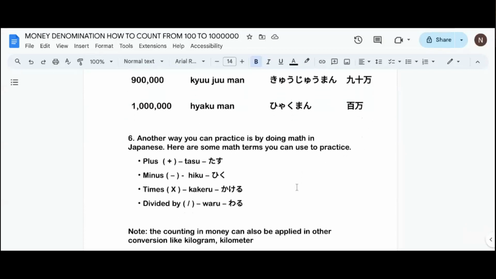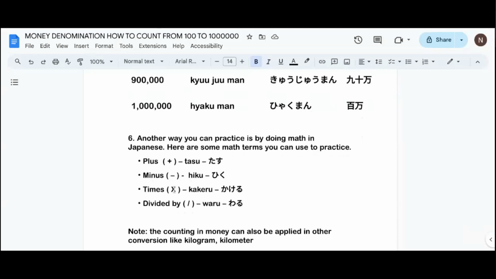Okay. We have here vocabulary. For your plus sign, we call this tasu. The add sign, the plus sign is tasu. And then for your minus sign is hiku.